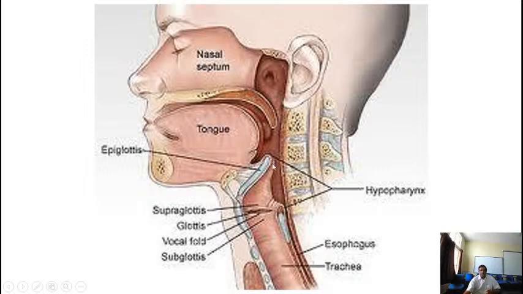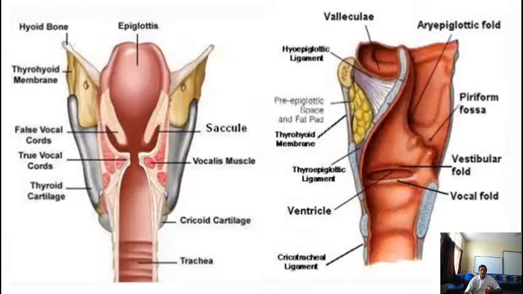and the anatomy of the larynx, which you have seen, I'll just try to brush up. This is how it is. You have got the epiglottis, you have got these aryepiglottic folds on either side, and you have the false vocal cords, which are otherwise called the vestibular folds, and you have the true vocal cords.